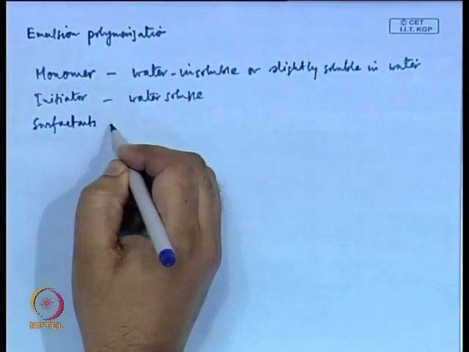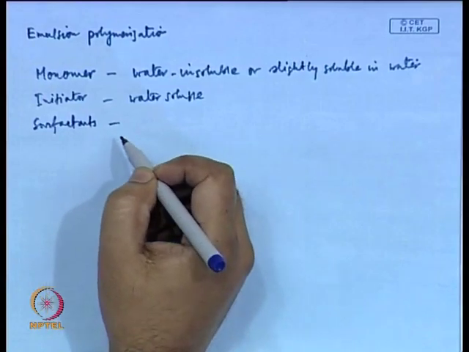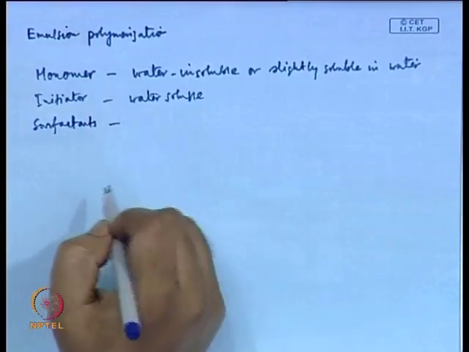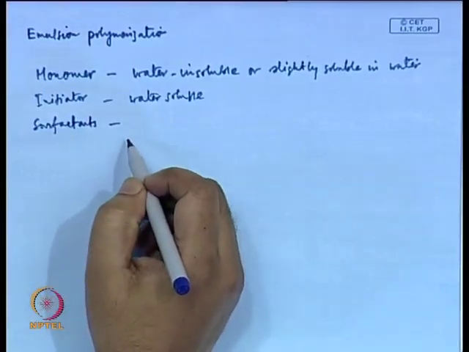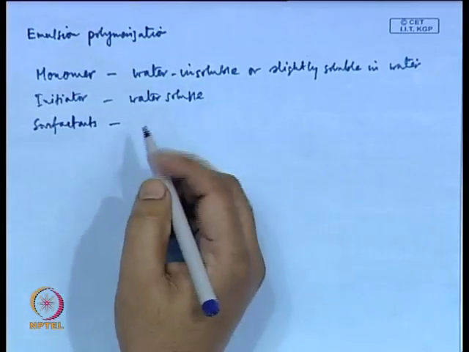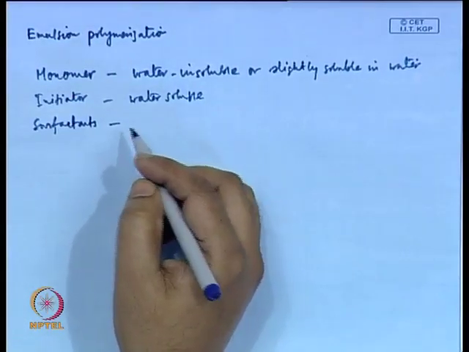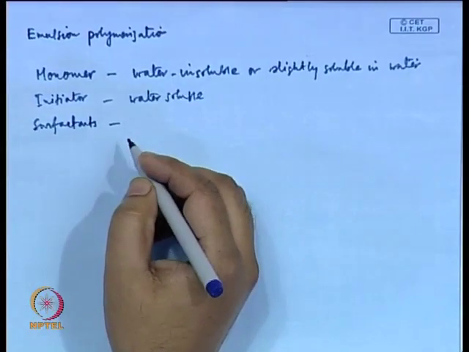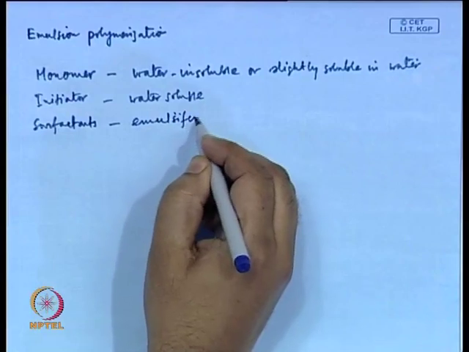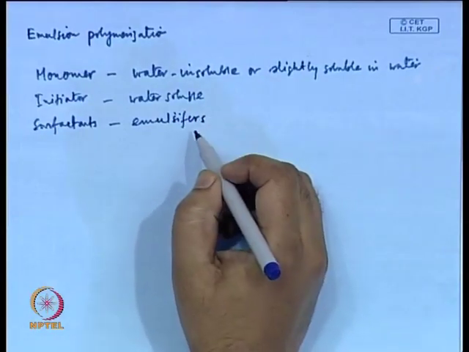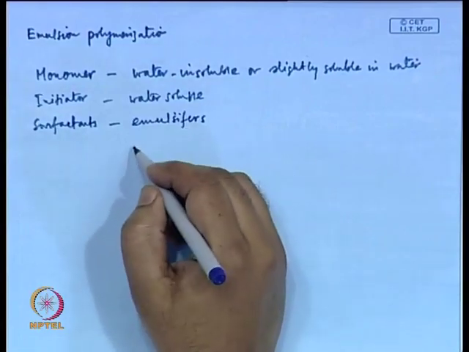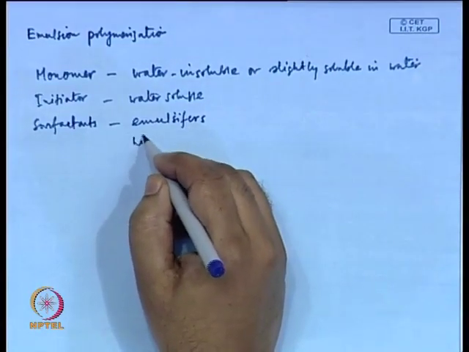Now, surfactants act as a dispersant and stabilizer of the large monomer droplets, we will come to that, and they also act as a solubilizer of the monomer molecules in their core. It is also called an emulsifier because it is responsible for emulsifying the medium, and it is used at quite high concentration.